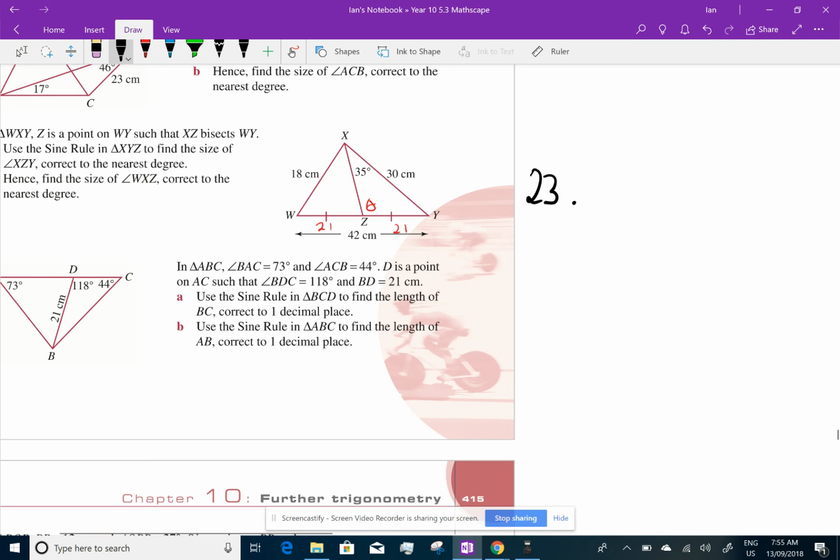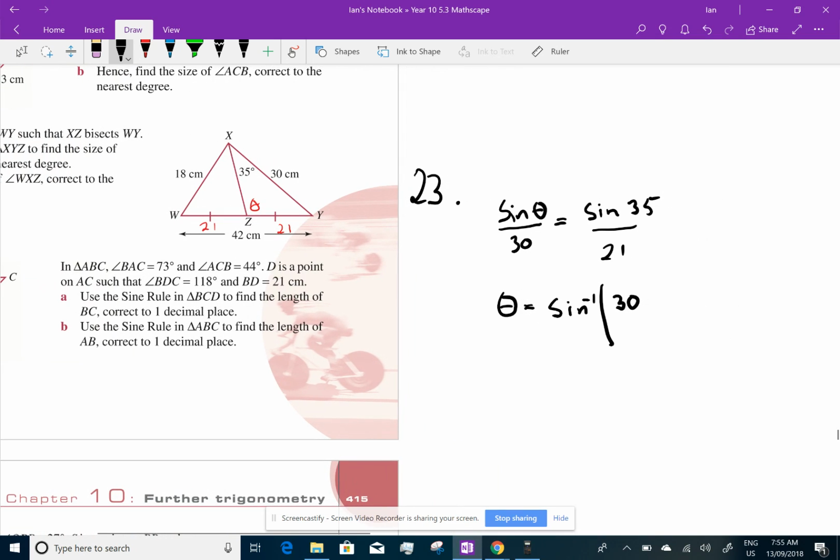So I can do the sine rule pretty easily here. I write what I'm finding first. Sine theta on 30 equals sine 35 on 21. I'm just going to do this all in one go. I'm going to multiply the 30 and I'm going to inverse sine the whole lot. 30 sine 35 on 21.